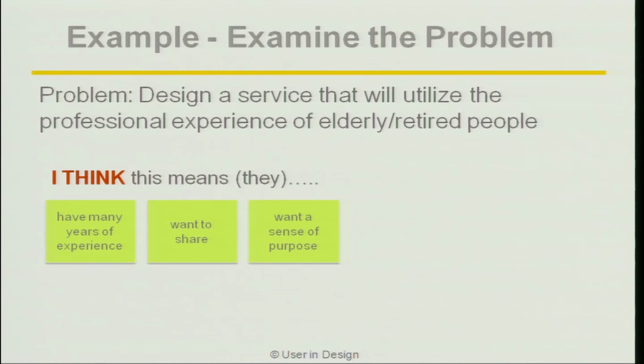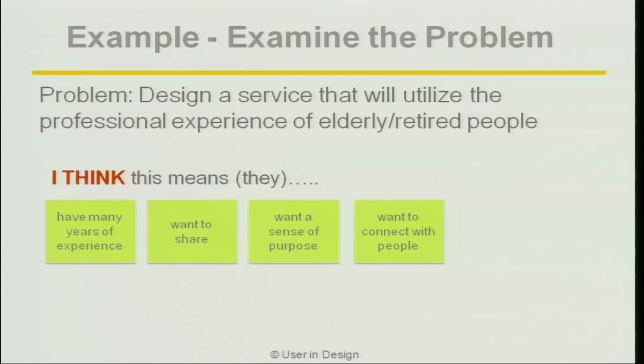They feel the vacuum in their lives now, and they are longing for an opportunity to do something meaningful, something that engages them with people, with meaningful work, etc. I think this means they want to connect with people, right? That it gives them an opportunity to talk to people, etc.